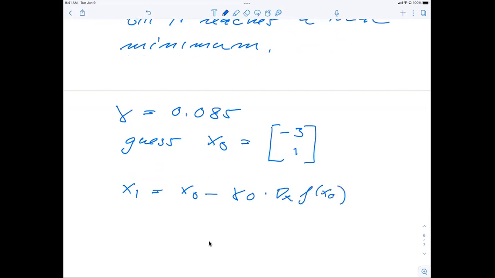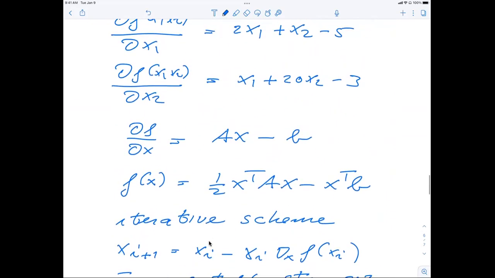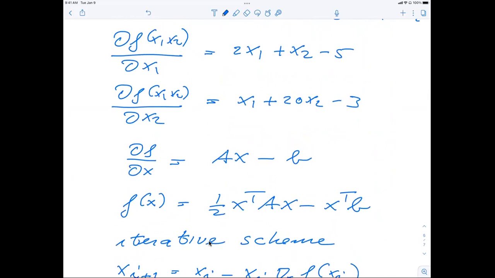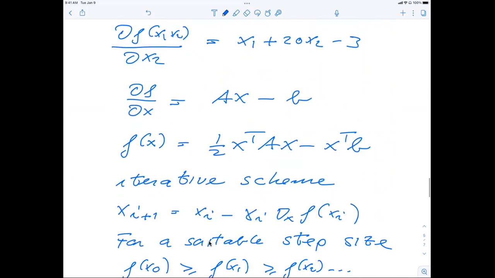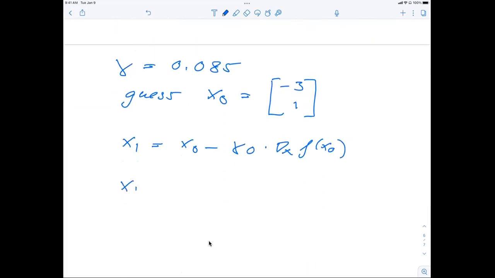calculated at x0. So then we just have to go back to the expressions which we have here for the gradients, and we simply plug in the values of -3 for x1 and 1 for x2, and then we are going to get a new x1, which becomes equal to -1.98, and then we have 1.21.